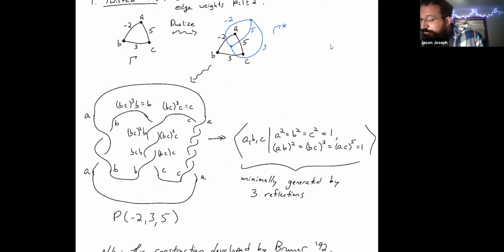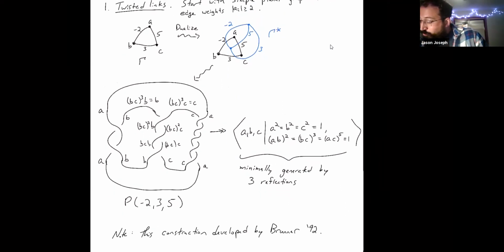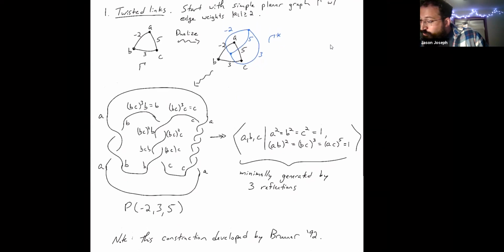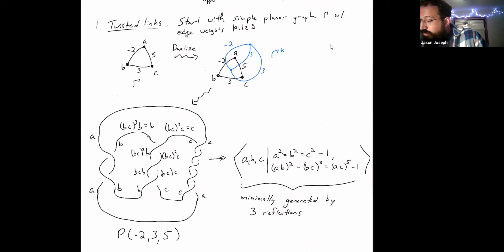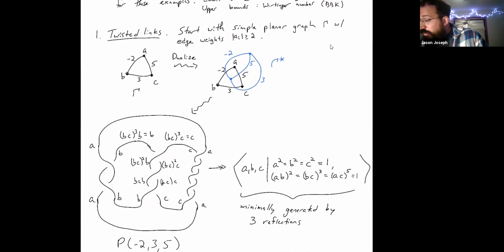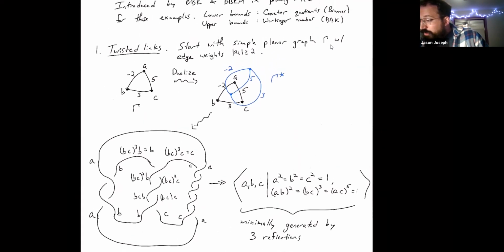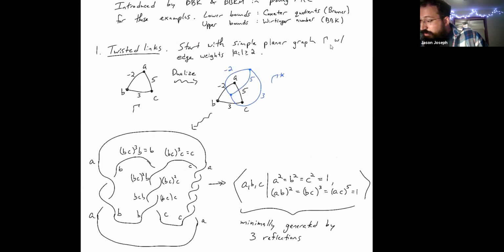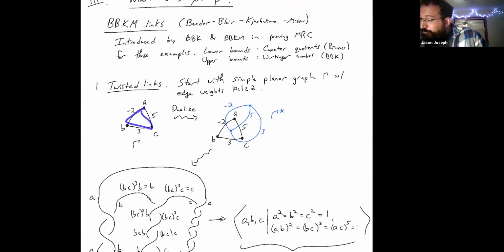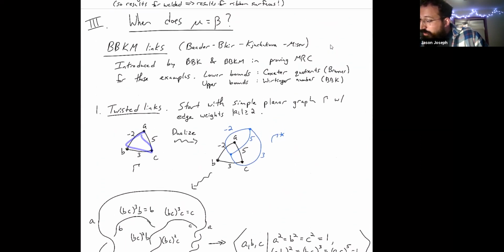And you can see this is a pretzel knot. So twisted links include pretzels, but they're much more general. And I mean, start with, so any cycle will be a pretzel, and you can start with any simple planar graph.